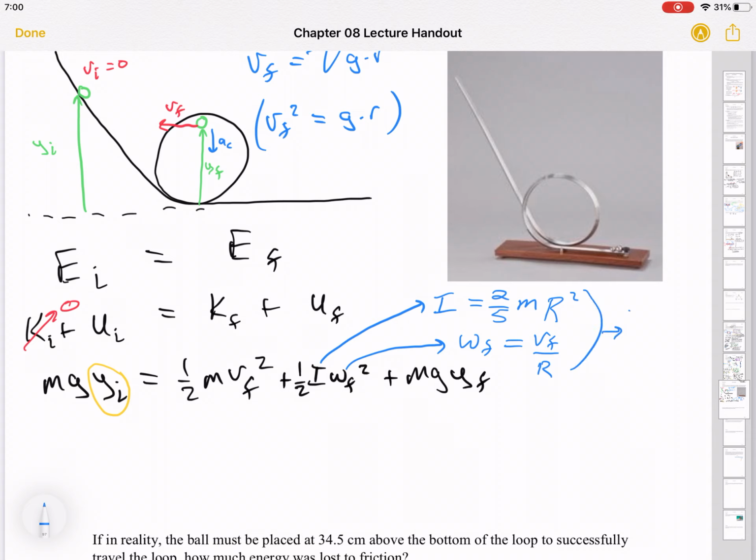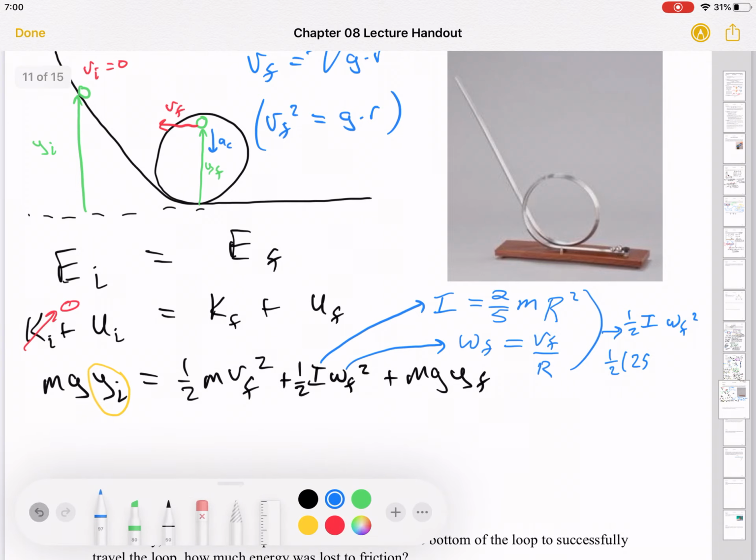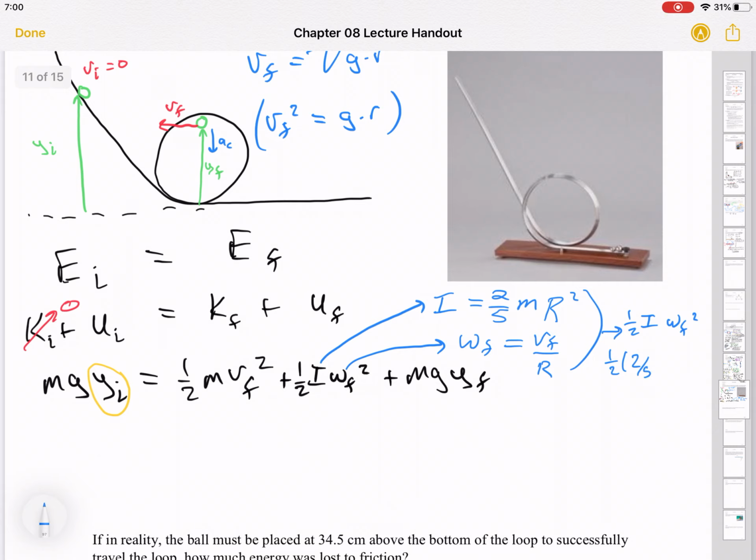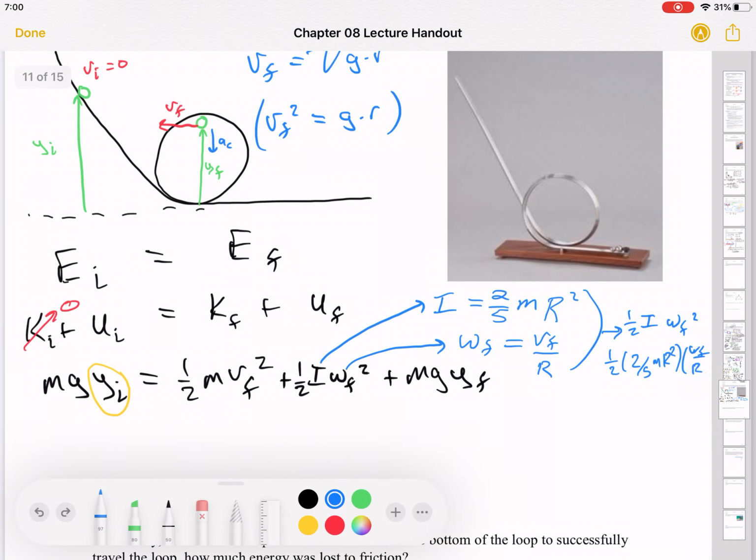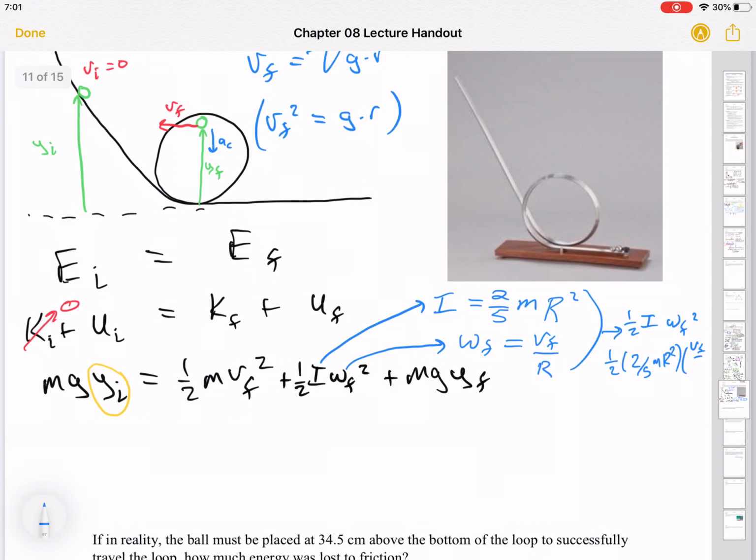So if I put those terms together, this term, half I omega final squared, it's half times 2/5 m r squared times v final over r squared. You see the r's go away?